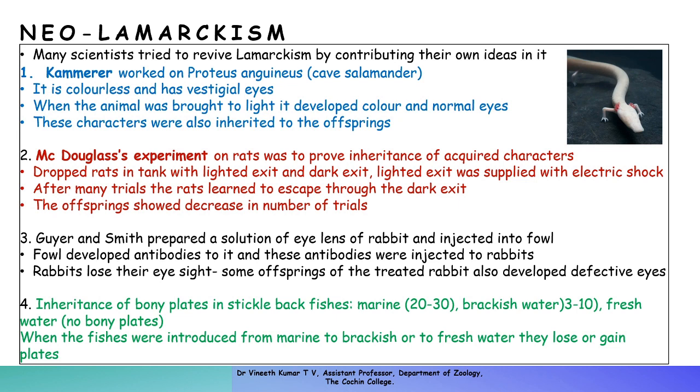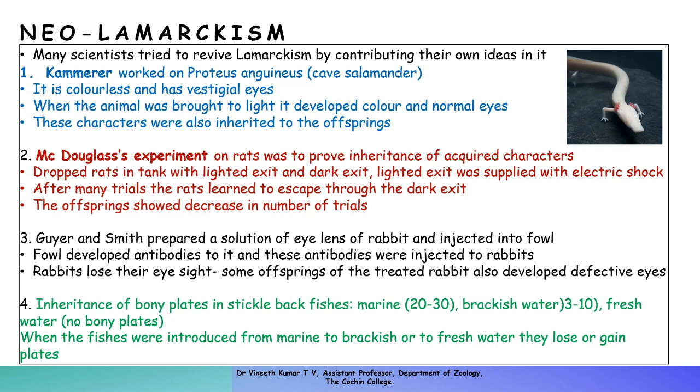They took blood from the fowl, centrifuged it, took the plasma, which has the antibodies against the crystalline or lens protein, and injected it into the rabbit. The lens got destroyed, because now the lens is considered an antigen and the antibodies destroy it, so that the sight is lost.